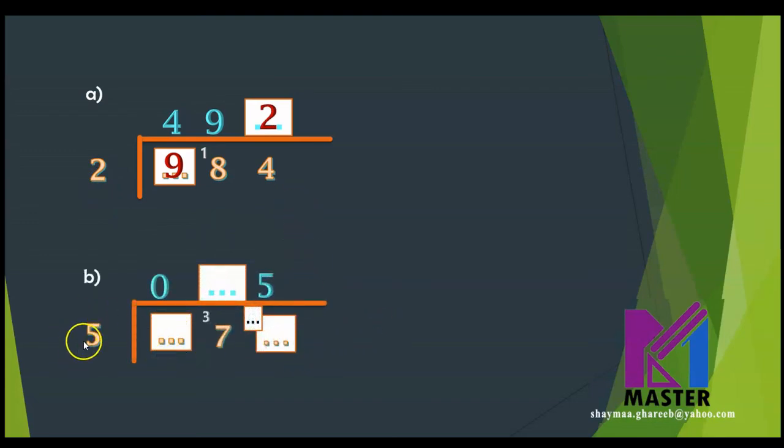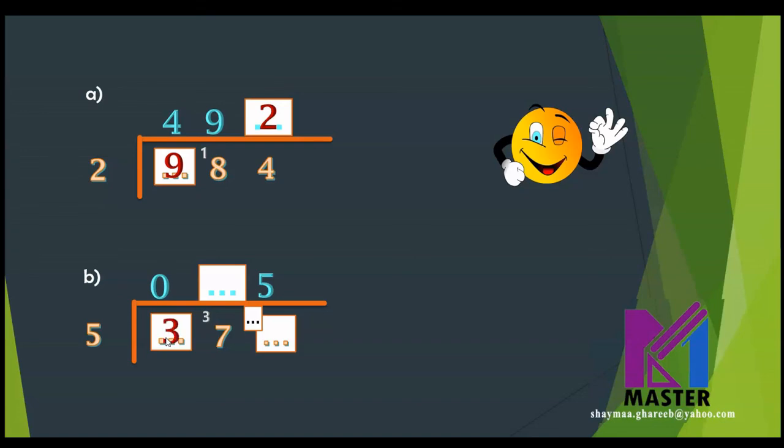A missing digit divided by 5 equals 0, which means this digit is smaller than the 5. And the remainder here is 3, which means this digit here must be digit 3. So when I divide 3 by 5, the remainder will be 3 and the answer will be 0 because there is no 5s in the 3. Now let's look at the second digit with a remainder of 3.